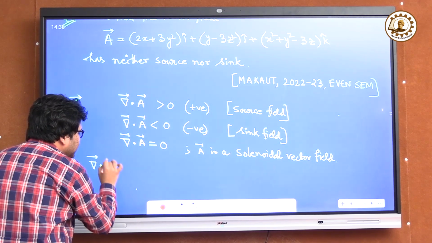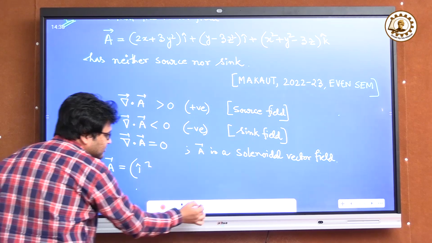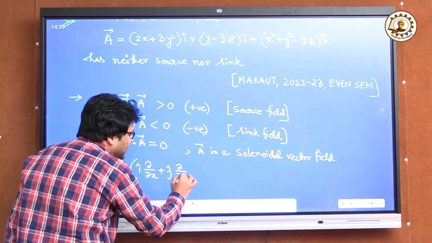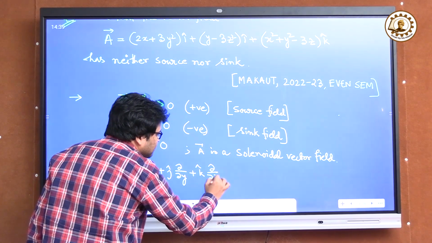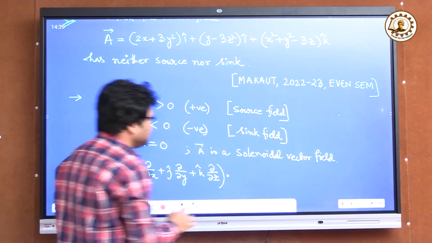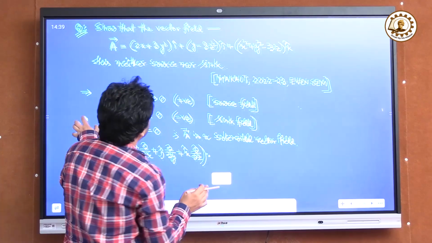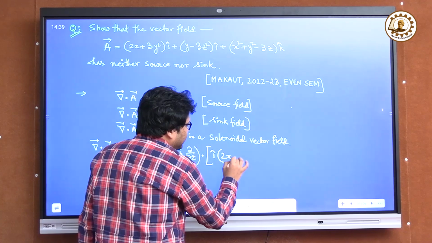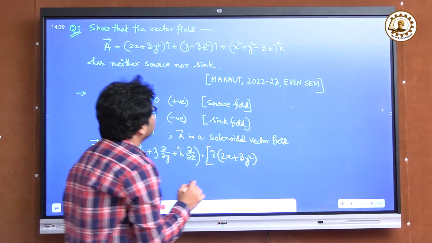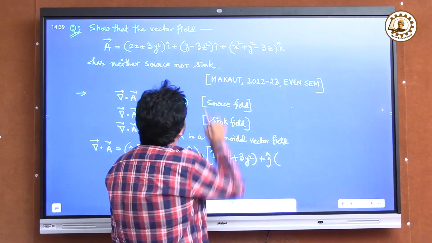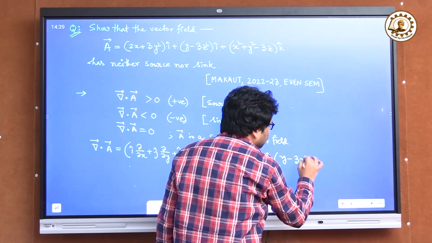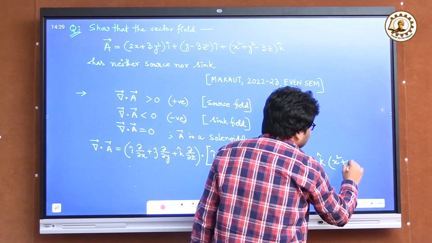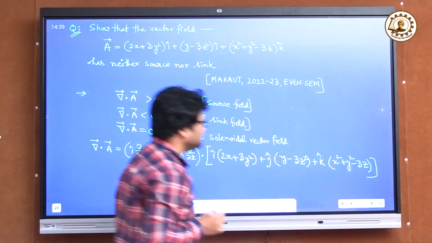Divergence of A vector equals i cap del del x plus j cap del del y plus k cap del del z, dot the given vector, that is i cap (2x plus 3y squared) plus j cap (y minus 3z squared) plus k cap (x squared plus y squared minus 3z).